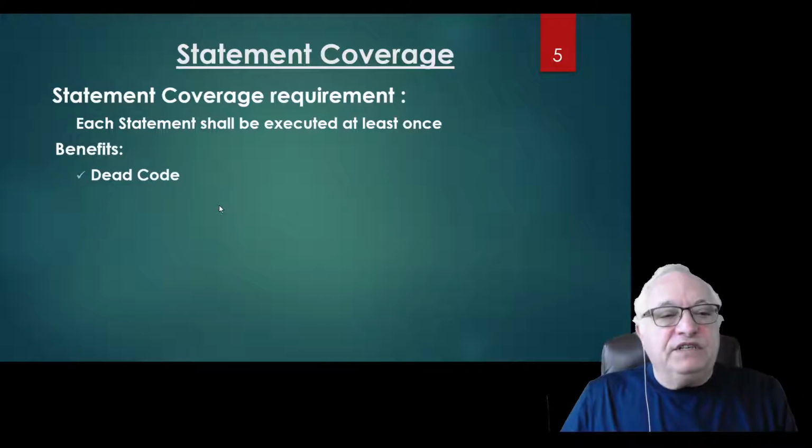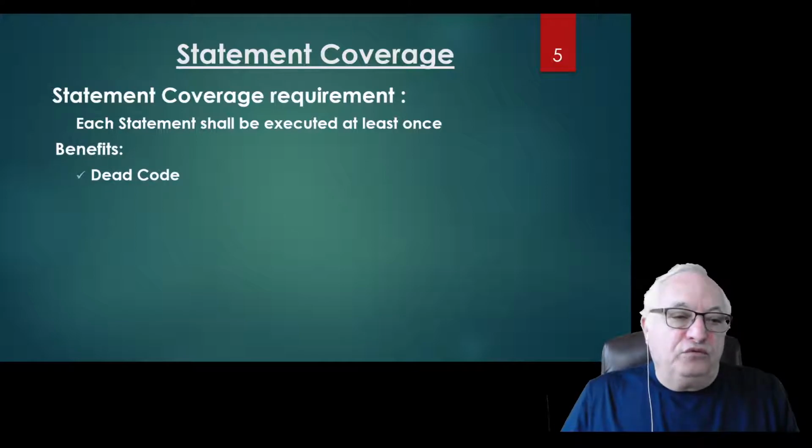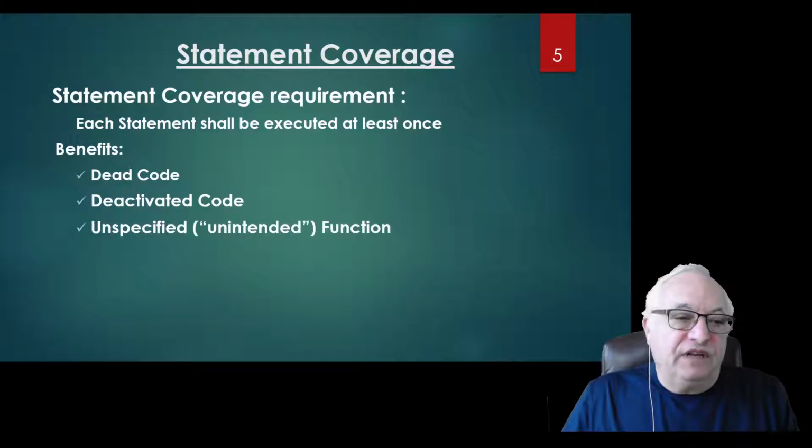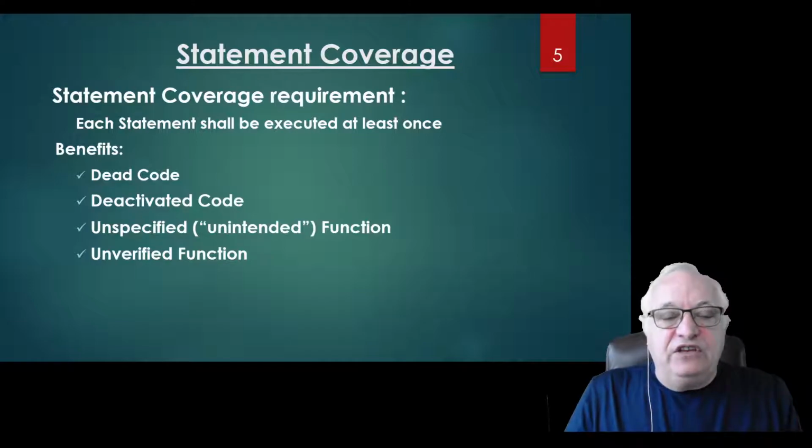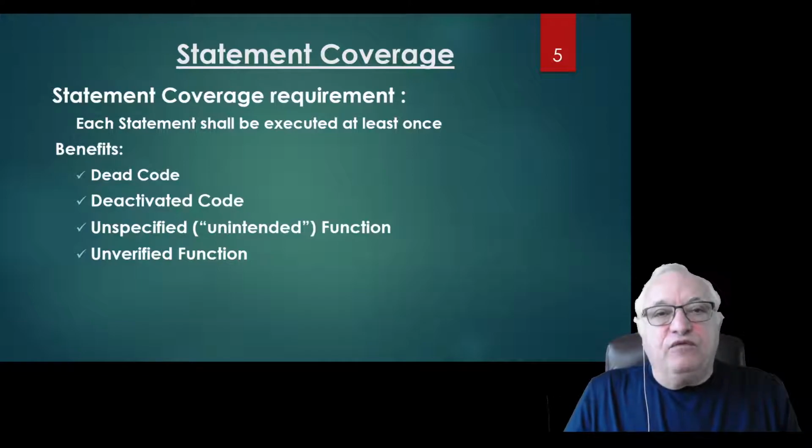Now the benefit is you're going to be able to identify dead code, deactivated code, and unspecified code, and unverified function. So let me state again. You run through your whole testing program, and then at the end you come out with a report that shows you what portions of the lines of code were not exercised.